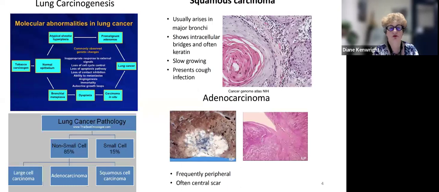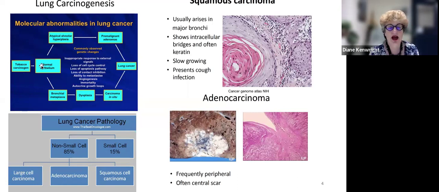Okay, let's think about bronchogenic carcinoma. You would have learnt in year 2 that in lung cancer, there is a metaplasia, dysplasia, carcinoma in situ sequence, a bit like in the bowel, starting with tobacco carcinogens undergoing, for example, squamous metaplasia through dysplasia and carcinoma in situ to lung cancer.